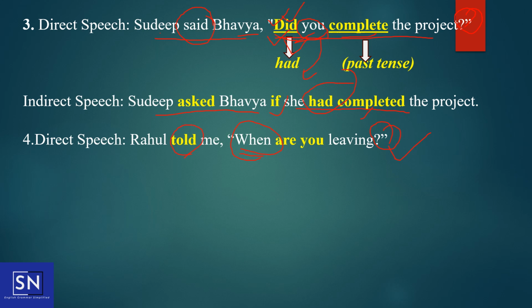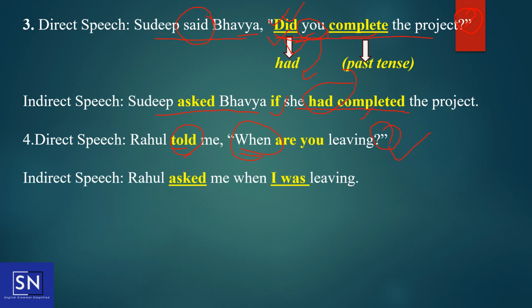Identify the sentence as interrogative WH. What is the reporting verb? Told will change to asked. Rahul asked me when, then the subject. You will change to I, and are will change to was, because it is in present tense and it should be in past form. I was leaving.